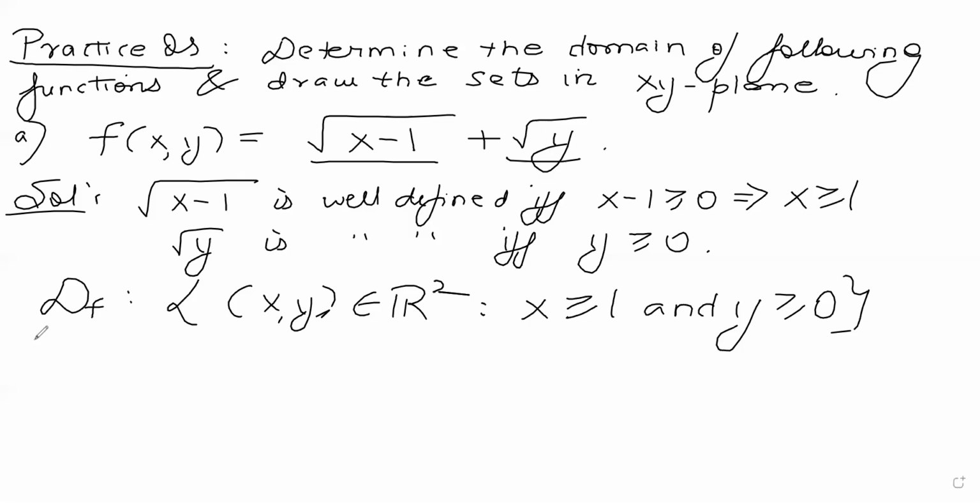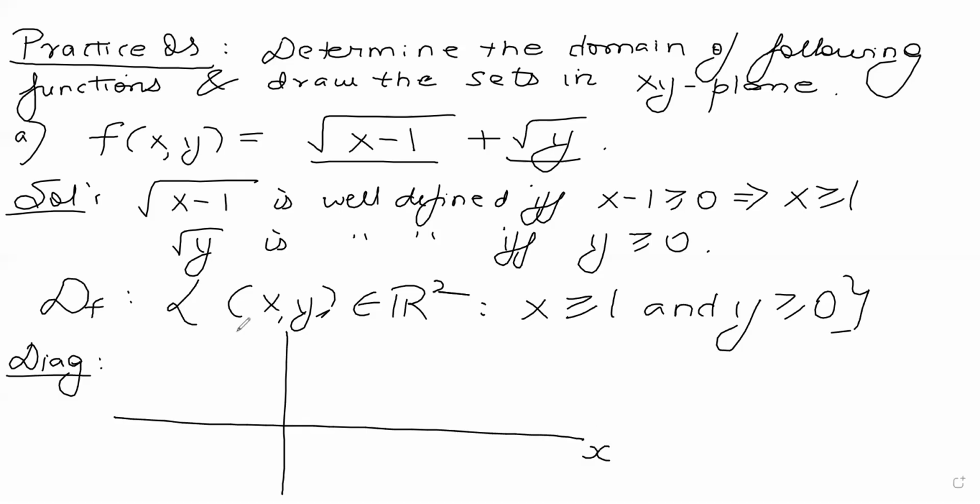So if I plot the diagram, how will the diagram look like? So this is my x-axis, this is y-axis. X greater than or equal to 1, how will I plot it? X equal to 1 will be this line.